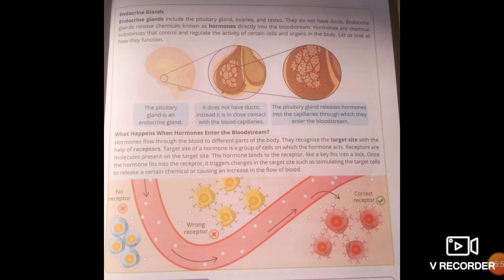Once the hormone fits into the receptor, it triggers changes in the target sites, such as stimulating the target cells to release a certain chemical or causing an increase in the flow of blood. And when there is an increase in the flow of blood, that particular hormone's quantity will increase and it will reach there.